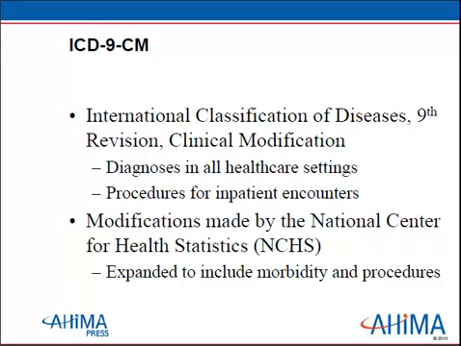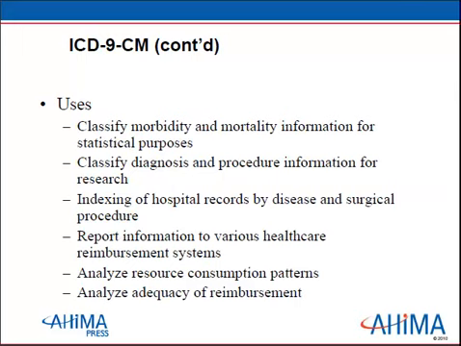What is happening with ICD-9 is really we're out of codes, we're out of room to expand. New diseases are being found every day. So, really we need to expand upon the system, and we're out of room in the ICD-9 classification. And also ICD-10 is used in other countries.